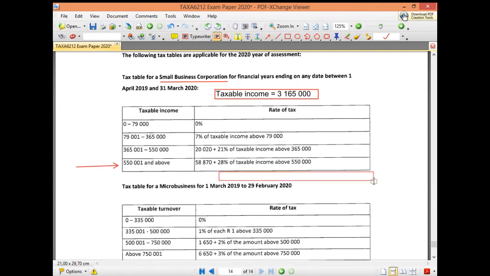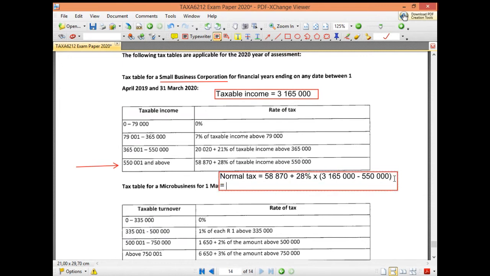So let's quickly just, while we're on the screen, tell you how to work out the normal tax. Okay, so our normal tax would be 58,870. So that's the first amount. Then you plus it, you take the 28%, then you multiply that. That's what the "of taxable income" means. So you multiply it, then we take the 3.165 million and we deduct the 550 to get to the amount above the 550. And that is how you calculate the normal tax.